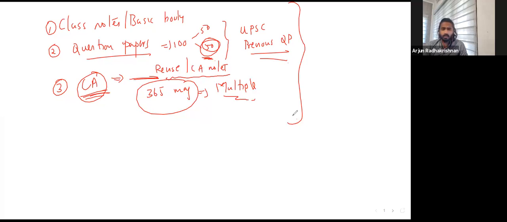Solving question papers will give you a lot of new information. You might have read geography, you might have read polity, but you don't know how the questions will come. You don't know which point you will mix up in the exam. For this, solving questions is very, very important. So please try to solve more question papers.